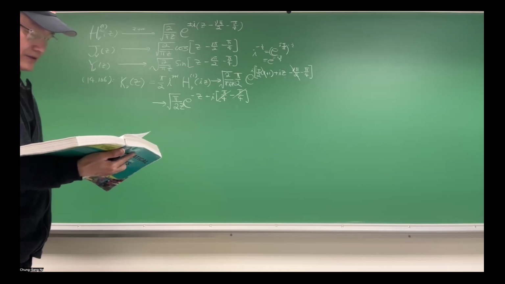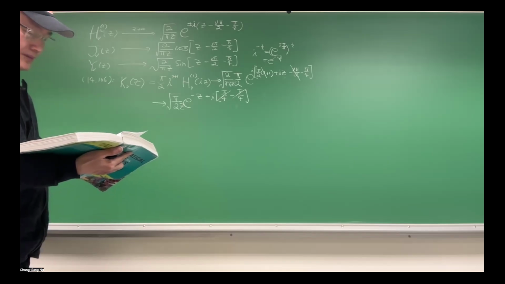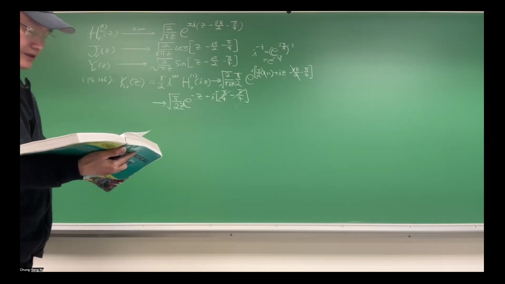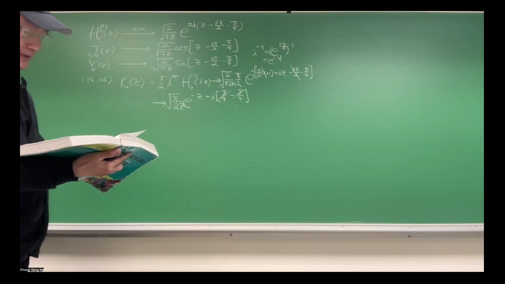Actually, it's an infinite series for most situations. Sometimes it's truncated and you get a polynomial, but you get an infinite series, and then you get these P and Q functions as infinite series in the inverse power of z.